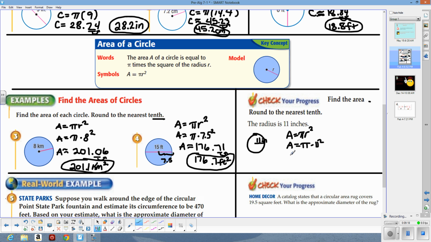Then you'd want to go ahead and type that into your calculator, and the area is going to be about, let's see, pi times 11 squared, 380.13, and some more numbers after that, but to the nearest tenth, it's about 380 and 1/10, and it's going to be in inches squared.